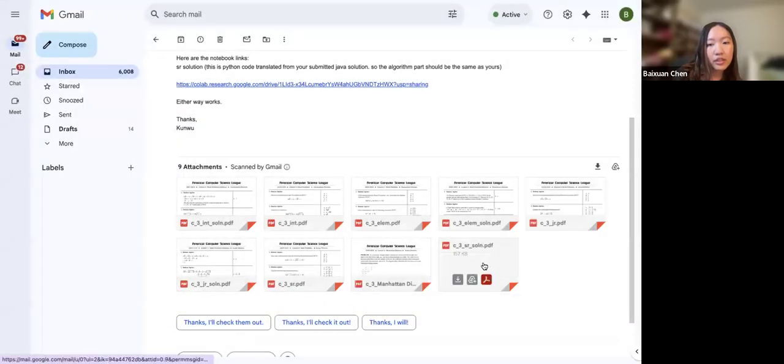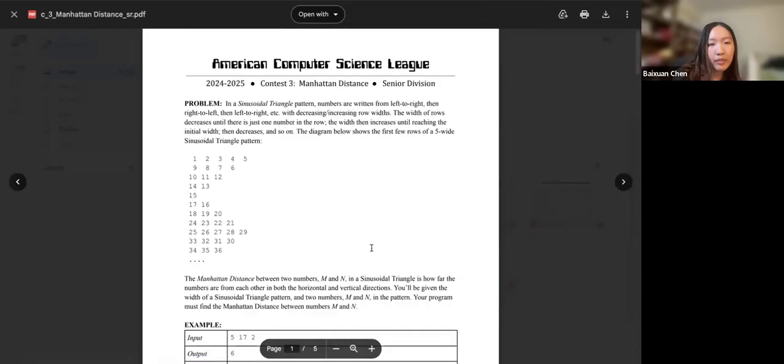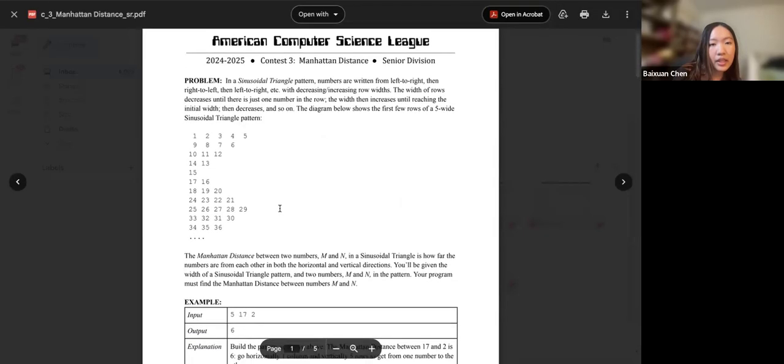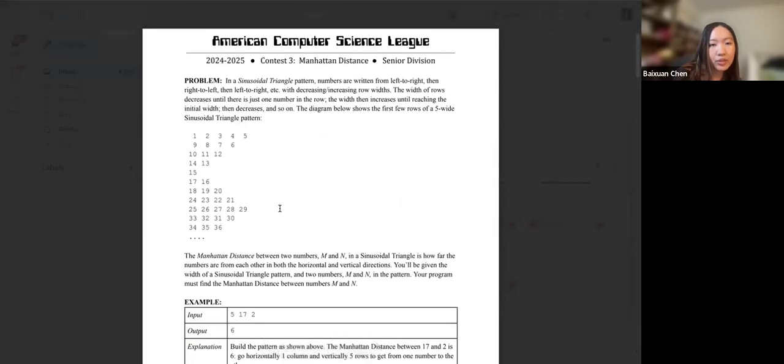Then let's go on to the coding problem. For this coding problem, basically they explained to us what a sinusoidal triangle pattern was.